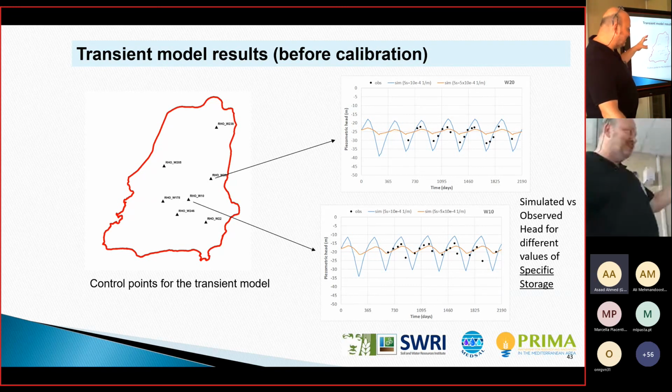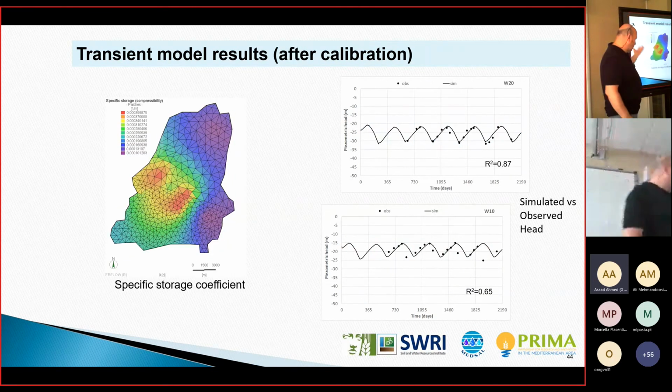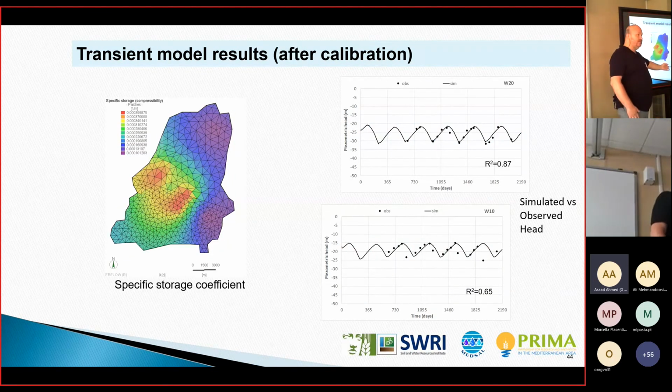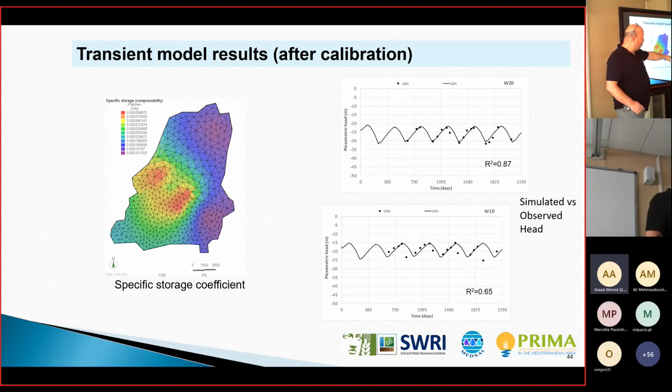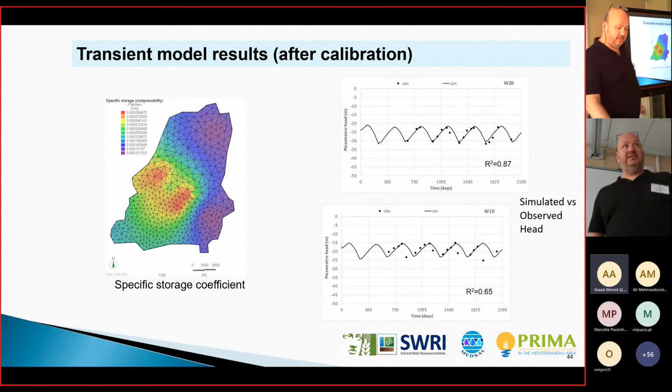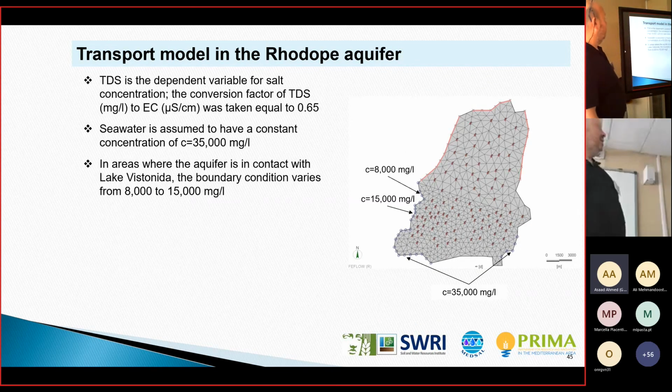But from this exercise, we were able to create this specific storage coefficient map in the model area, and then run the model again. Using this map, we were able also to calibrate the model for the transient state.